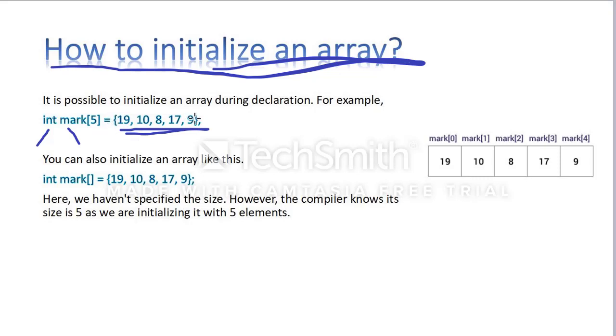It is like a set, but a set consists only of unique elements, whereas here you can repeat the same number many times, no problem. It is like a list. So I am taking 19, 10, 8, 17 and 9 as the elements when declaring the array.